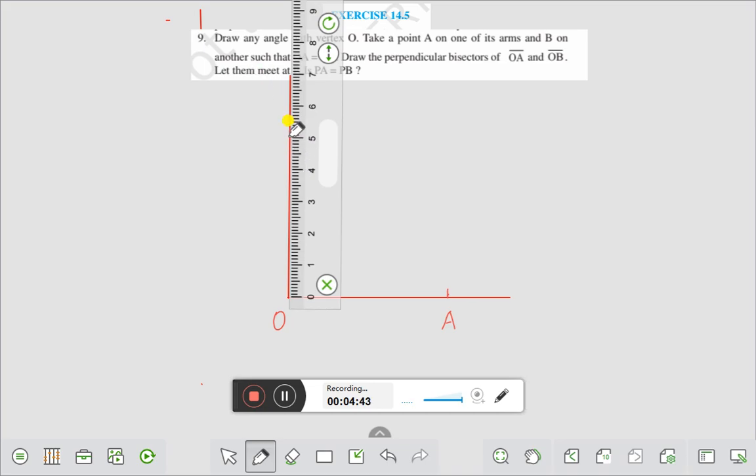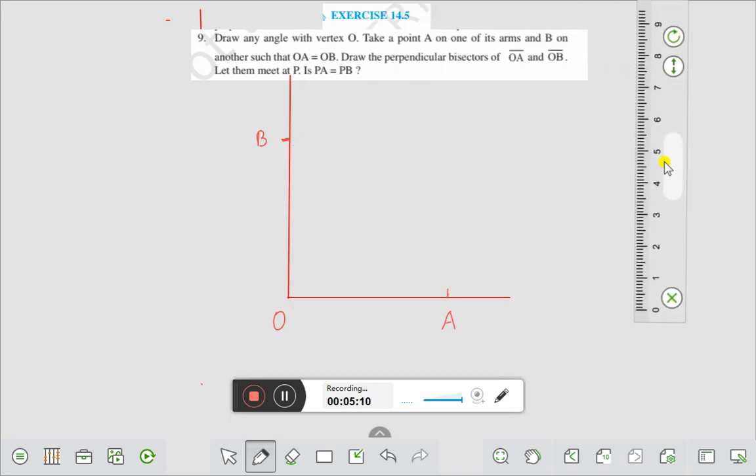Here this point is B. This is point B, right? This is also 5 centimeter. Therefore, OA is equal to OB, right?